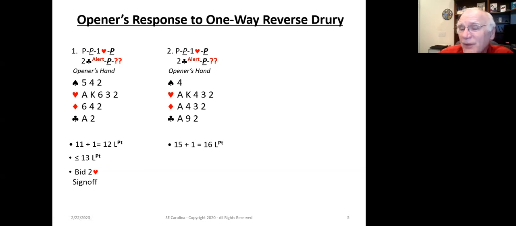Now what we want to do is describe the shape of our hand. We've got 5 hearts. We don't have 6, so we've already told our partner we've got 5. By our second bid, we're going to tell them we only have 5, because our first bid said 5 plus.